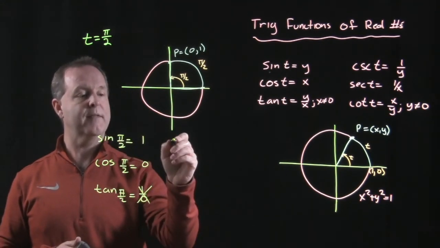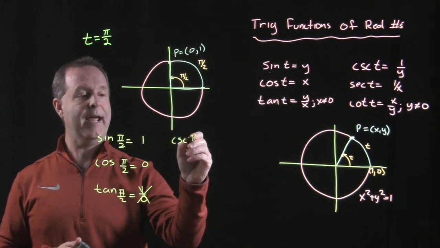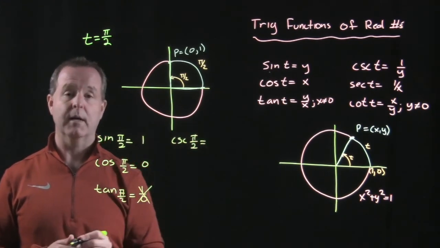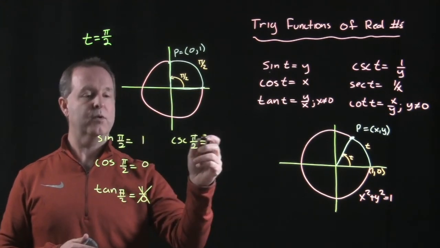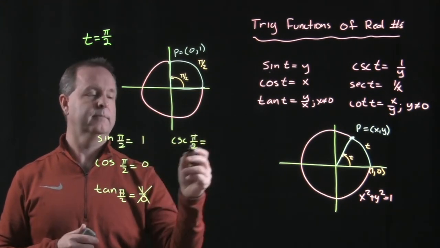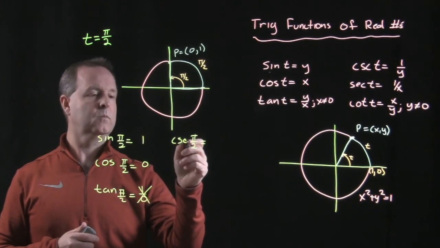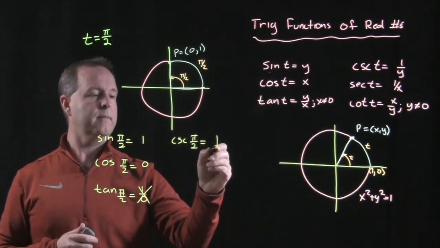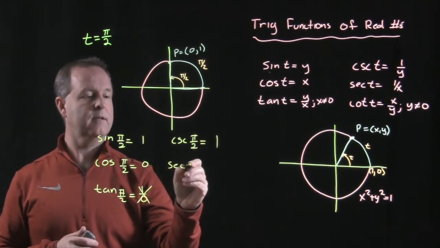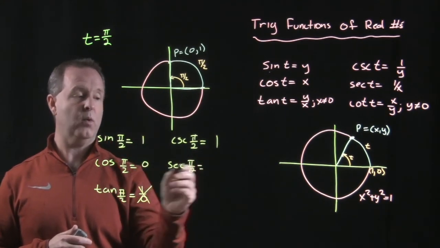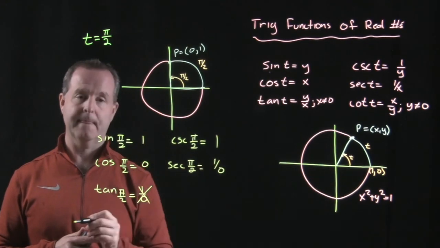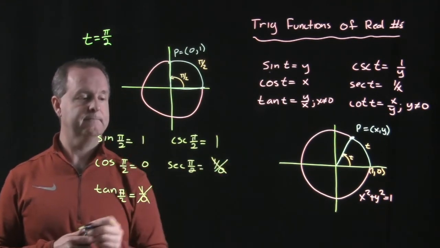The cosecant of pi halves is the reciprocal of 1, which will tell me that it's 1 over 1, or 1. The secant of pi halves is the reciprocal of the cosine. That's 1 over 0, which is undefined.